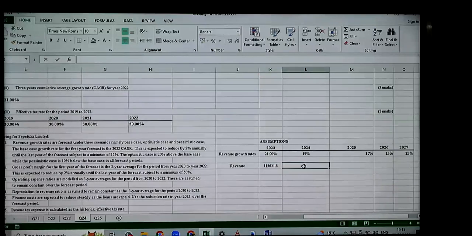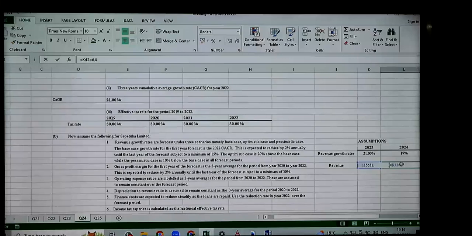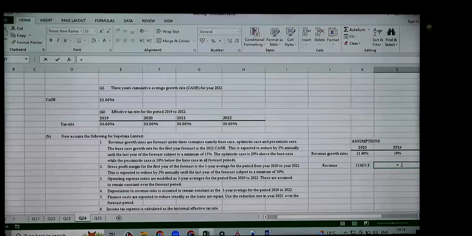Then you come to 2024, it will be the one for 2023, plus, you open your bracket, 1 plus the 19%, you close your bracket, Control Enter.